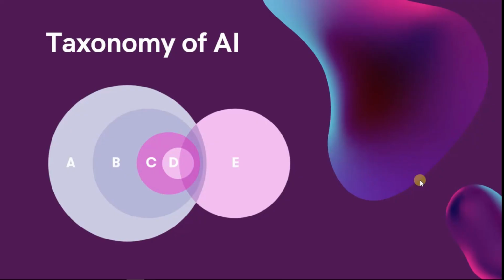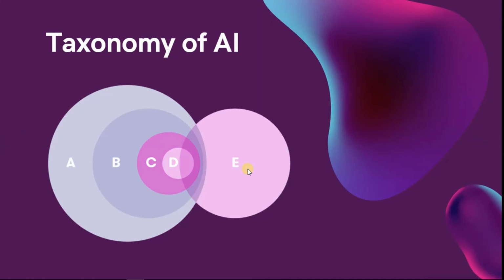Taxonomy of AI. Wow. Now, as you can see, you have almost like five circles, all in different colors. The first circle, marked as A, is one field of AI, or we can say a field that is related to AI. So all the letters, as you can see, A, B, C, D, E, are fields that are related to AI.